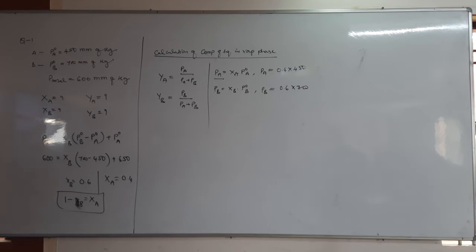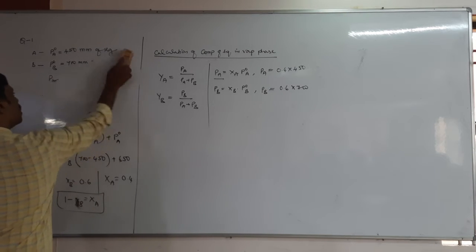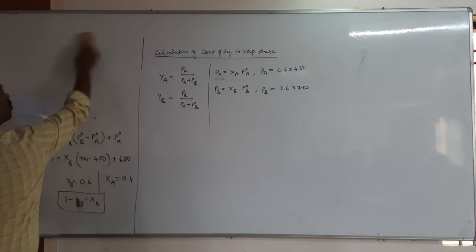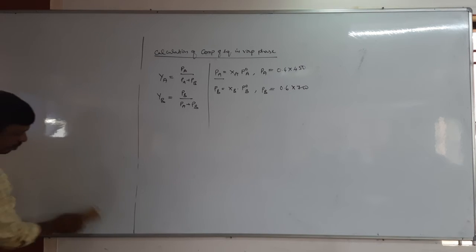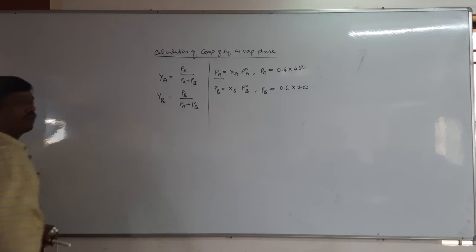Another question. The vapor pressure of chloroform and dichloromethane at 298 Kelvin are 200 mm and 450 mm respectively.